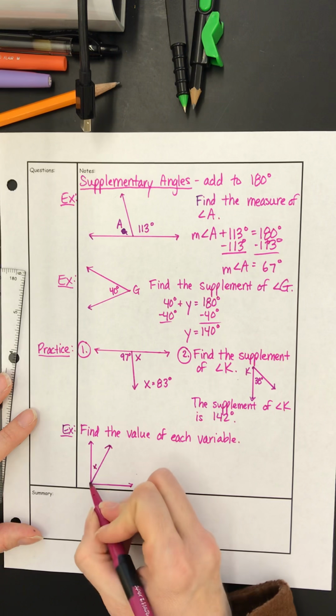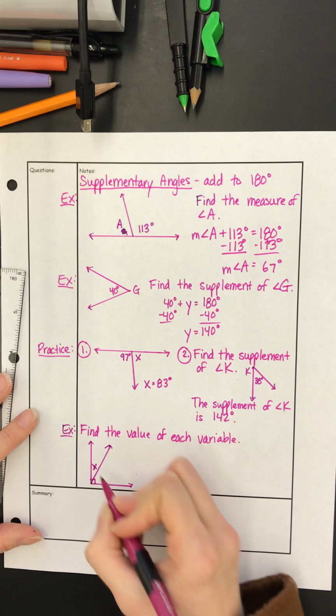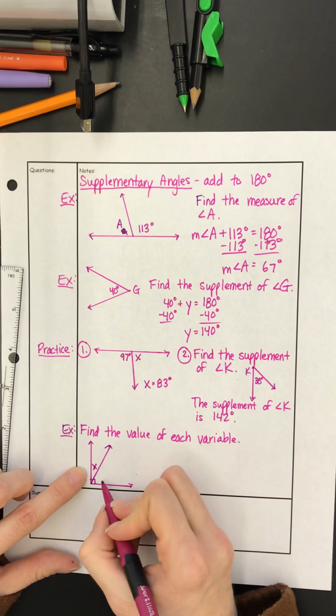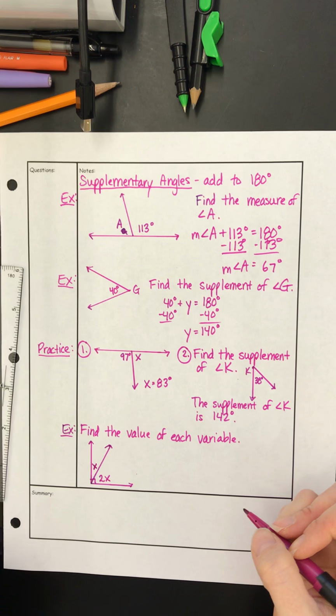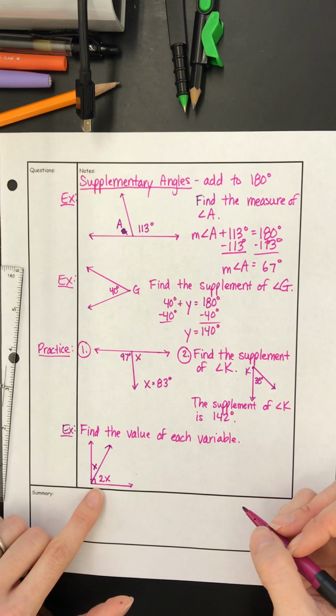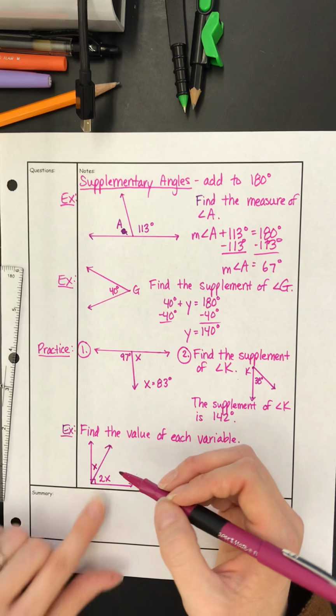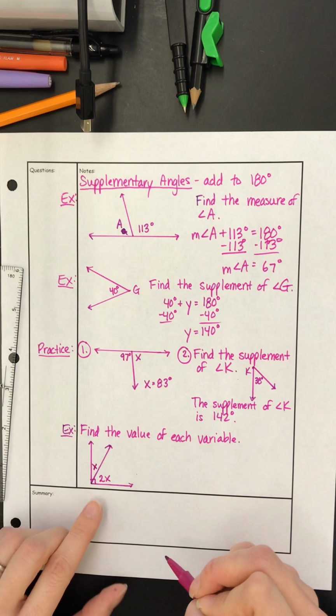Instead of giving these numerical values, we're going to use variables. Now, this might be a leap for some of you, and that's okay. We're going to talk through it.